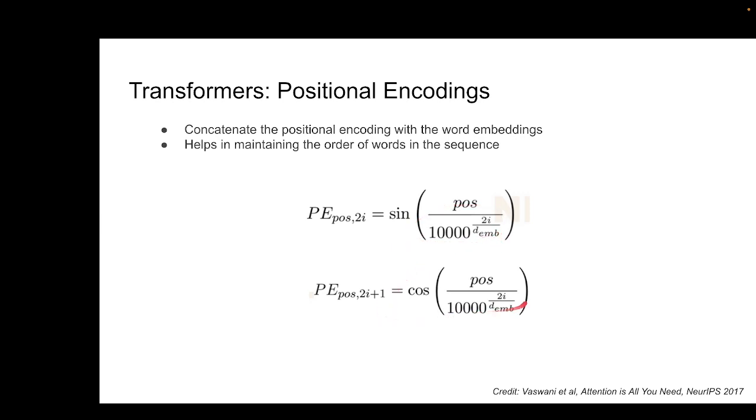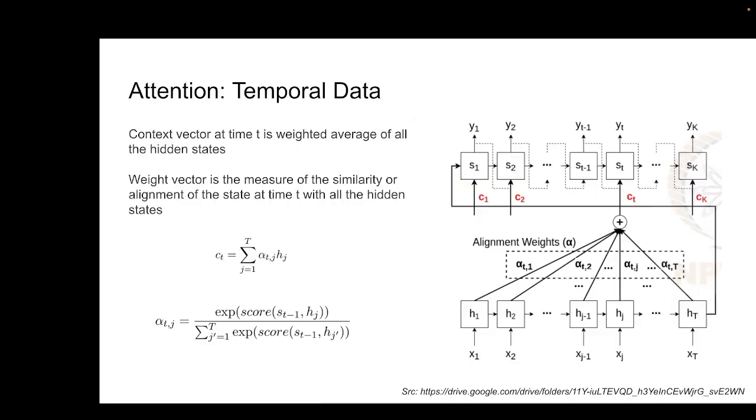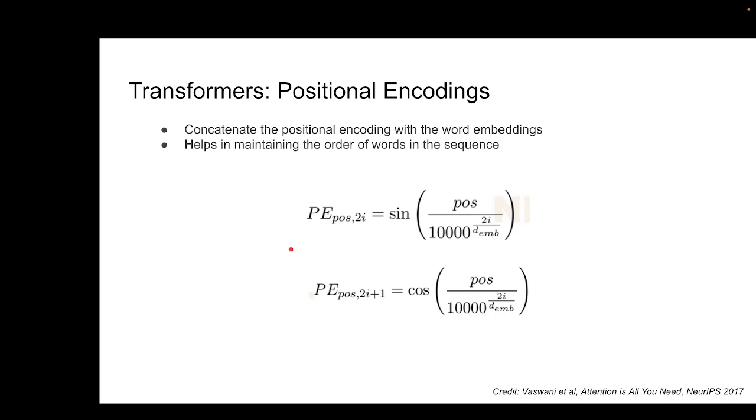If you are at an odd position, then you use this cosine function, right. So this pos is basically the current position, and this 2i, this i basically refers to which position you are at. So this is the formula.